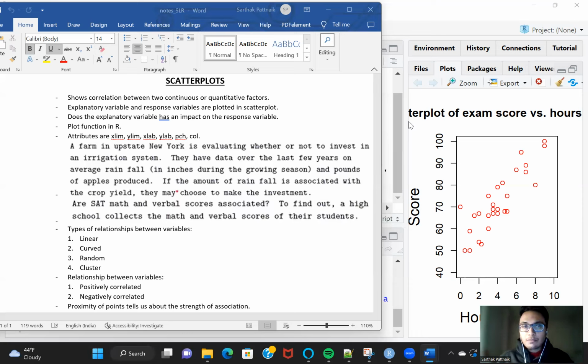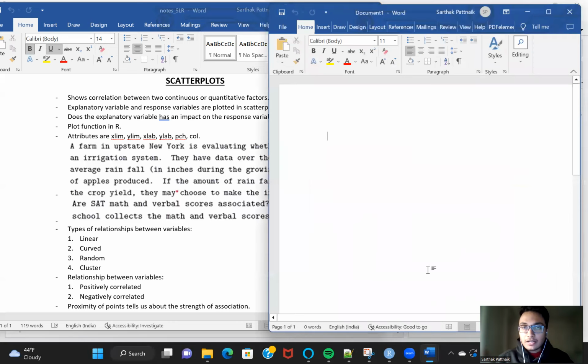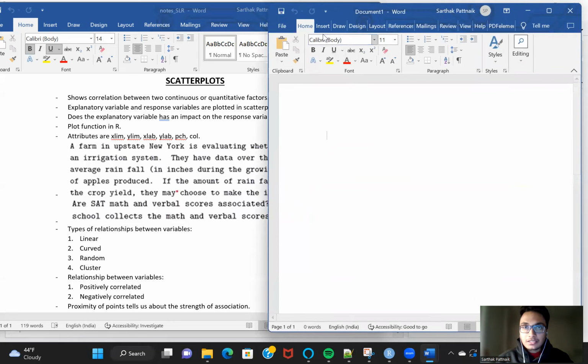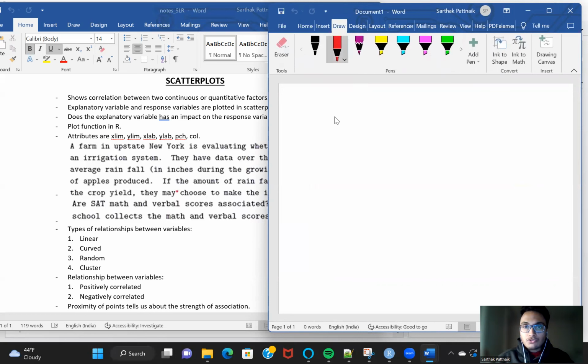Now, what is an explanatory variable and what is a response variable? The explanatory variable is the independent variable, and the response variable is something that is dependent on the explanatory variable. Just like in mathematics, when we studied functions, we used to write an extremely pertinent equation called y is equal to f of x, right?